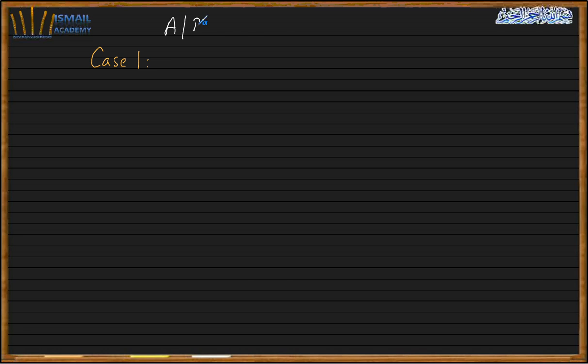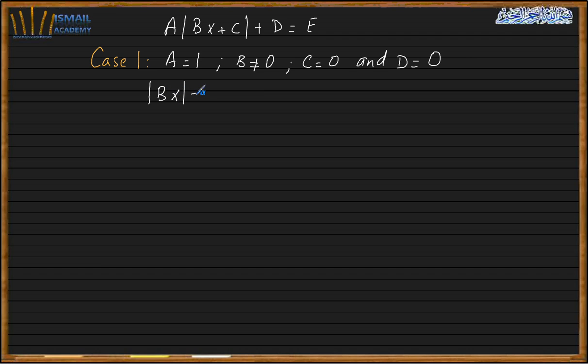Case one is when a is equal to 1, b is not equal to 0, c equals 0, and d equals 0. In fact, the first case is we learn to solve absolute value of bx equal e.